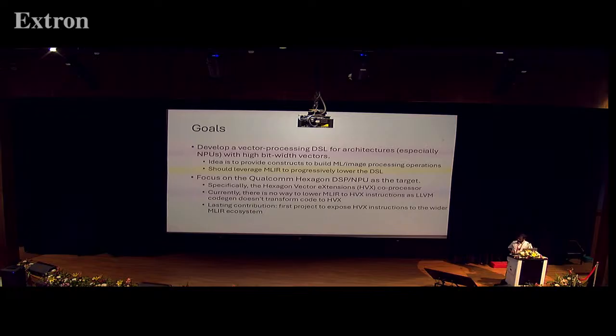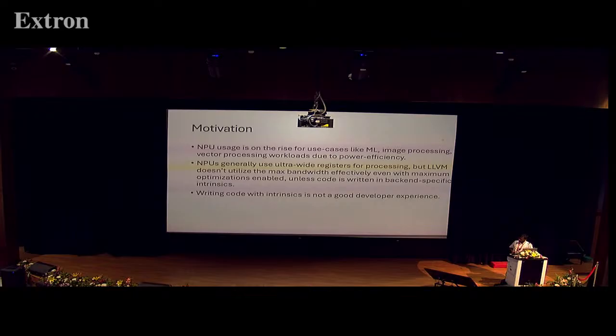So the goal is to develop a vector processing DSL for architectures, specifically NPUs with high bit width vectors, and ideally I should be using MLIR to progressively lower the DSL. And I specifically focus on the Qualcomm Hexagon NPU for this.